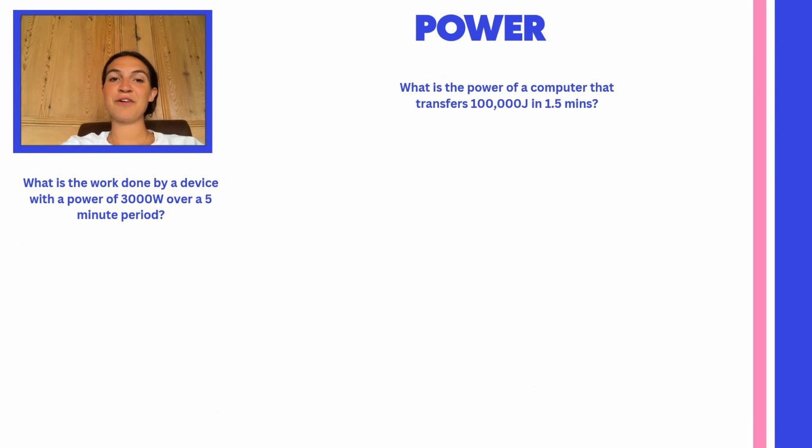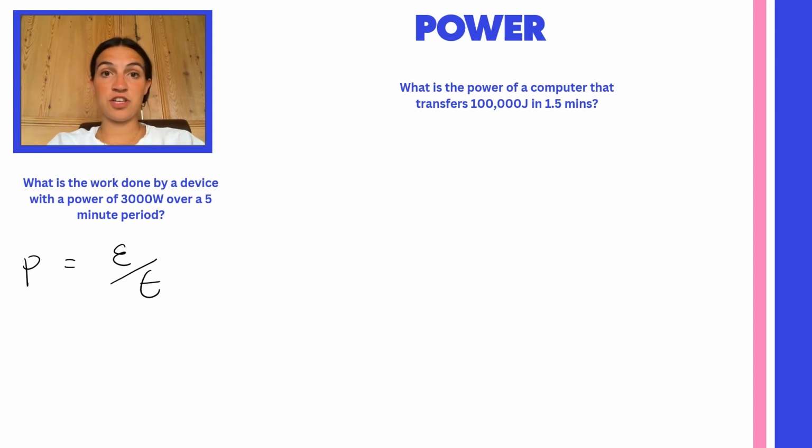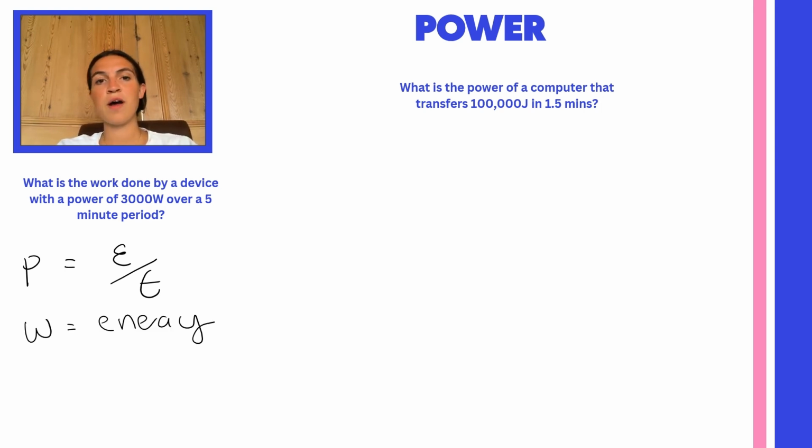Okay, now to look at our equation for power. So question here, what is the work done by a device with the power of 3,000 watts over a 5-minute period? Let's get our equation. Power is energy over time. Okay, and I've used the expression work done in my question, but remember, work is just energy transferred, so work is energy.